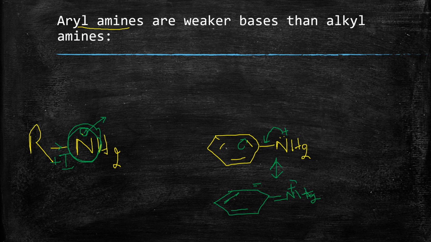So this plus charge means that there is no electron pair present. That is, for some time electrons are not present on this nitrogen, as a result of which they are less available for being donated, and this nitrogen acting as a base. So we can say that aryl amines are less basic than alkyl amines. Hope you understand the reason well, right?